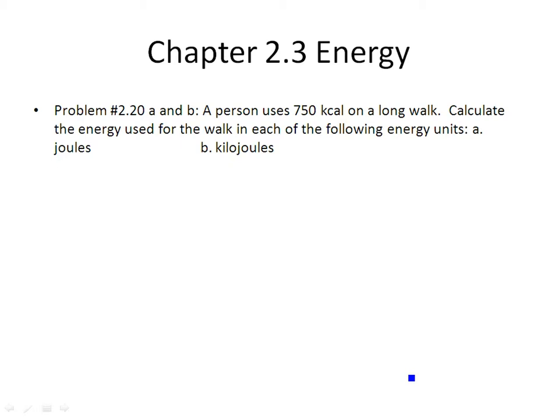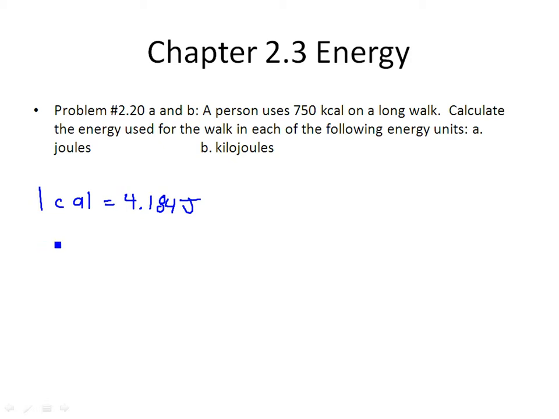And we want to know how much energy is used for this walk in the units of joules, and then we're going to look at kilojoules. The main thing that we need to know here is that 1 calorie is equal to 4.184 joules. That's our biggest conversion factor, or what we need to use for this problem.